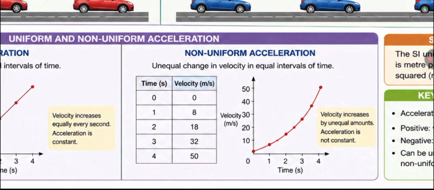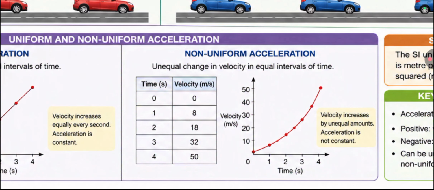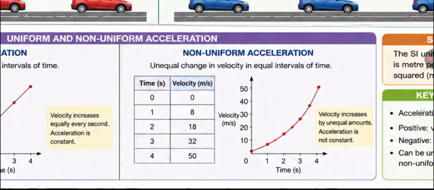Time is 0 seconds, then velocity is 0 meters per second. After 1 second the velocity is 8 meters per second. In 2 seconds the velocity is 18 meters per second. In 3 seconds the velocity is 32 meters per second. In 4 seconds the velocity is 50 meters per second.